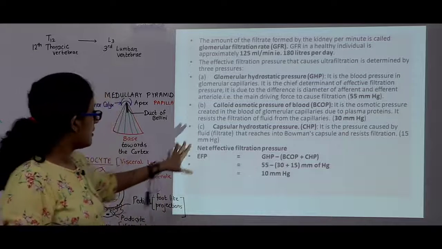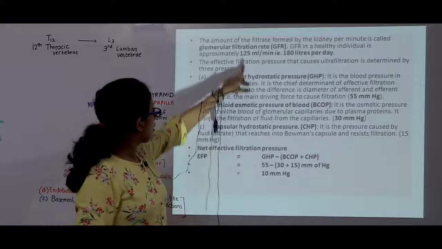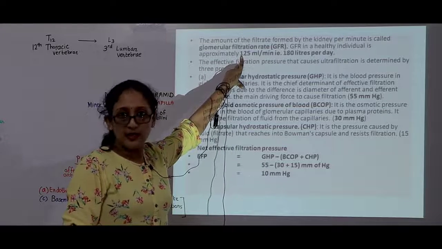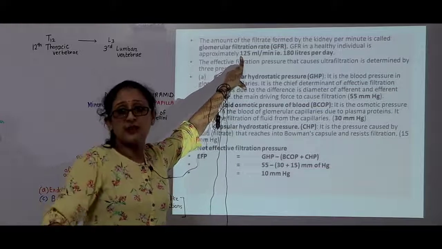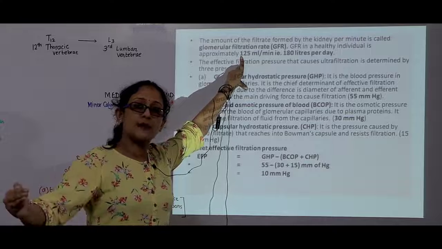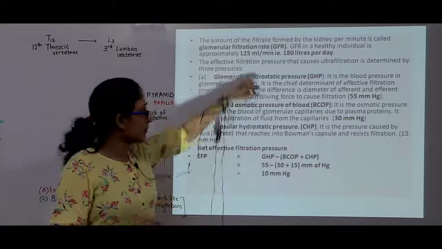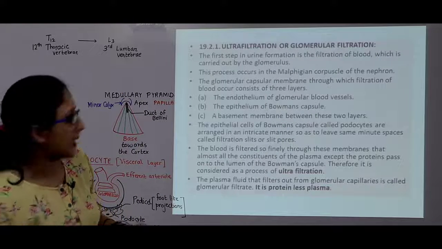So that is how, with this effective pressure of 10 mm of mercury, your filtration rate is 125 ml per minute or 180 liters per day. This will be corrected in the following steps of tubular secretion and selective reabsorption. So what are the three membranes through which it has to pass?